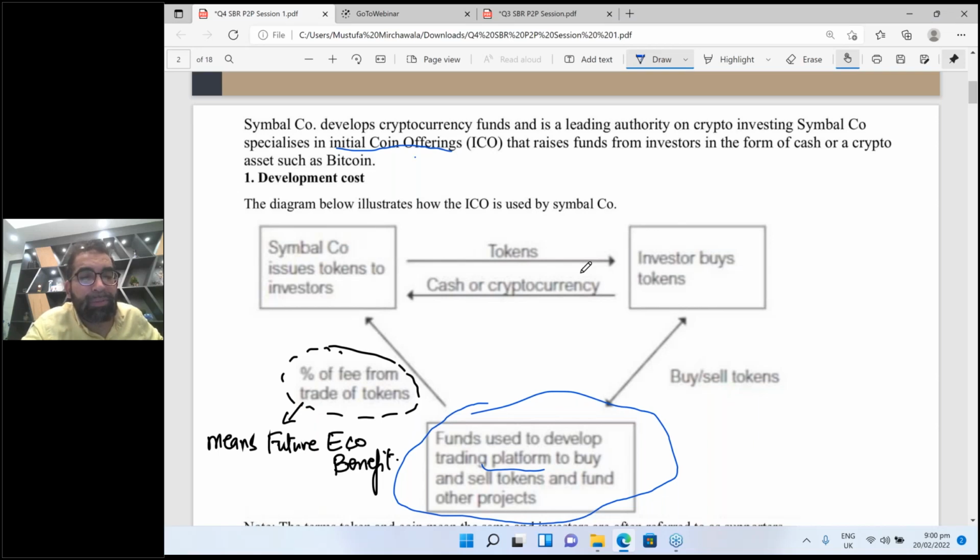See, a percentage of fee from traded tokens. So this means future economic benefit: we will get future economic benefit from this platform.